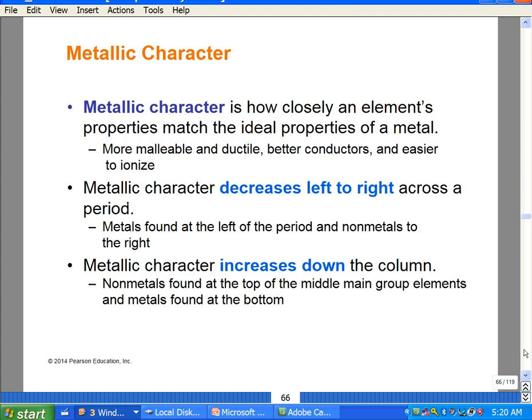So we already know basically where the metals lie on the periodic table. We pretty much know that the metals all lie to the left side. So the metallic character, which is what we are describing in this trend, increases as you go from right to left on the periodic table, and it increases as you go from top to bottom in a column.